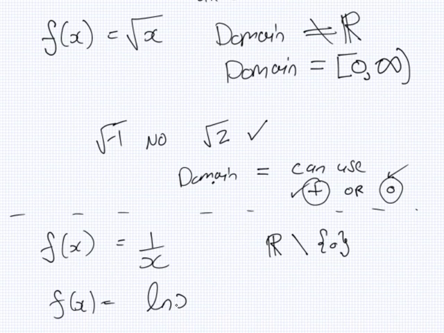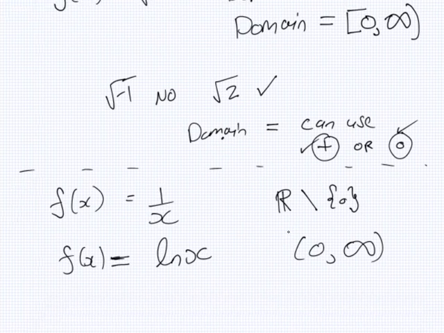What's the domain here? More than 0. Includes 0? No. So the domain is this. It does not include 0.